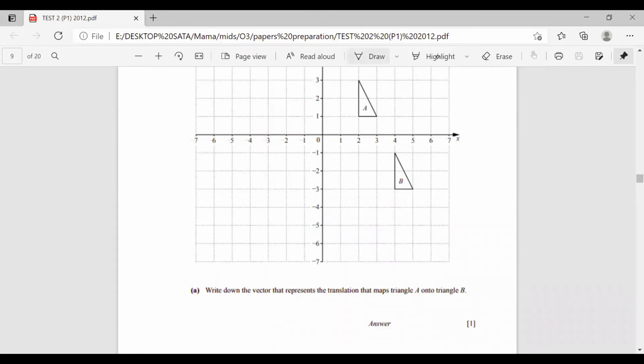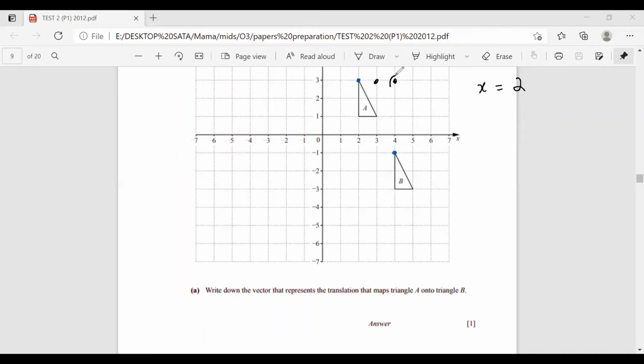calculate the numbers. Suppose this is my first point and this is the corresponding point; I have to move from this to this point. If I start counting, I have moved 1, 2, that means I have moved 2 on the x-axis, positive.